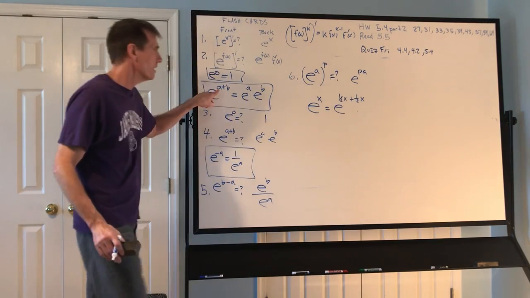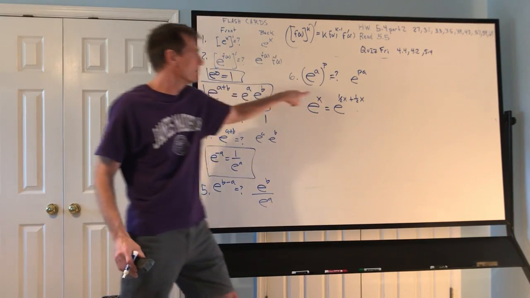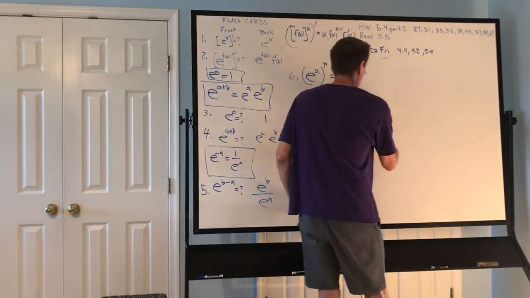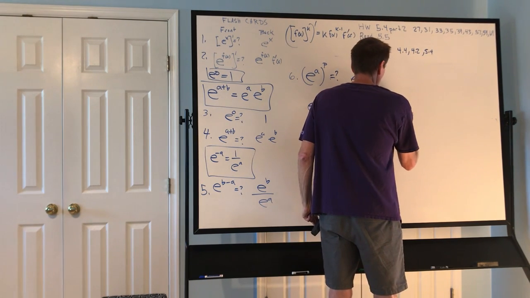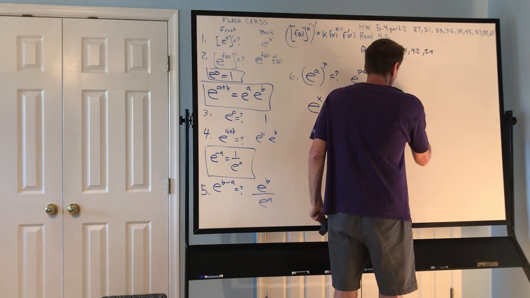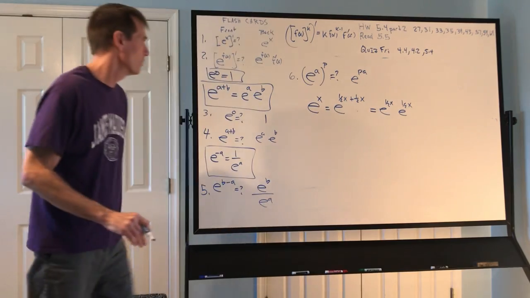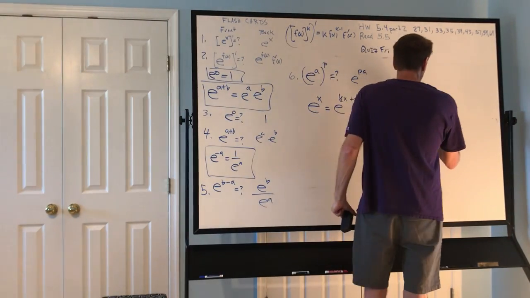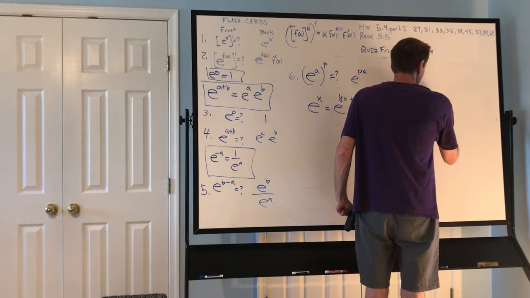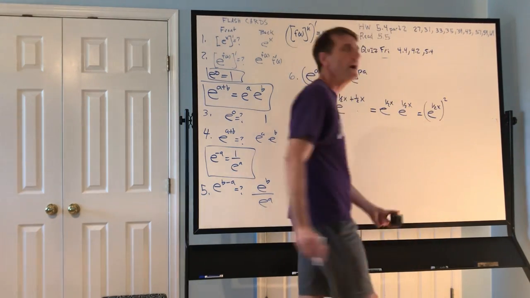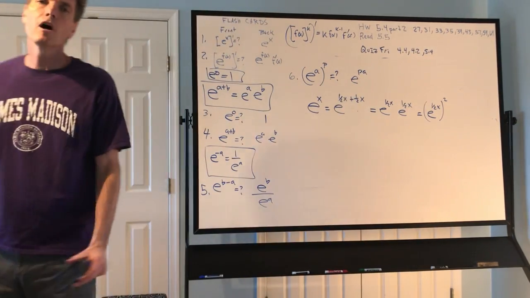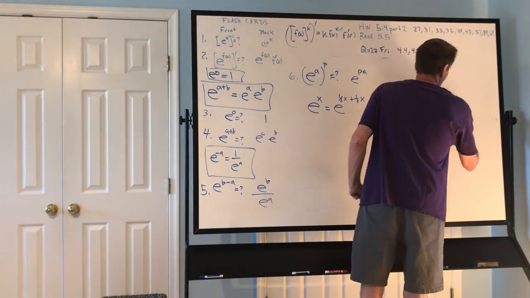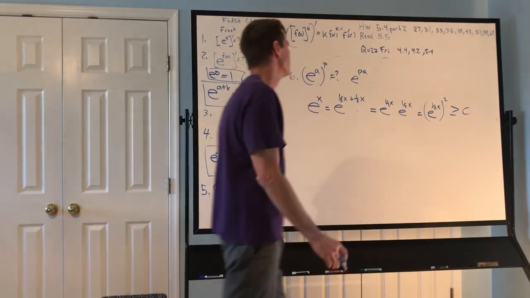But then using this, where a is the 1/2 x and b is 1/2 x, this is equal to e to the 1/2 x times e to the 1/2 x, e to the a times e to the b. But this is equal to e to the 1/2 x squared. But we know that any number that's squared is greater than or equal to 0.